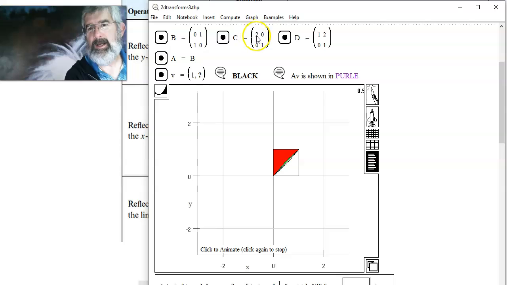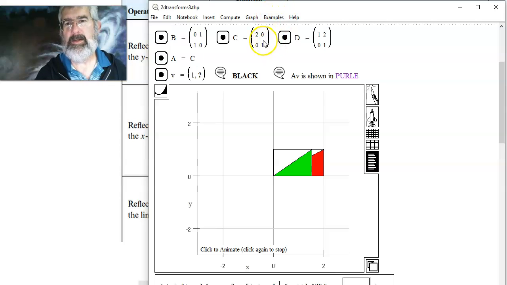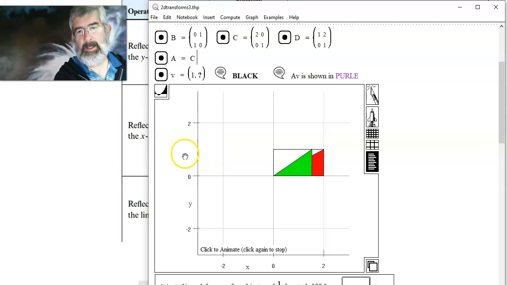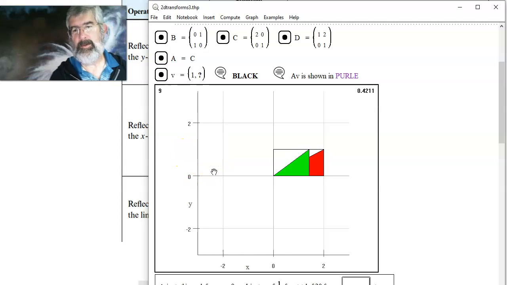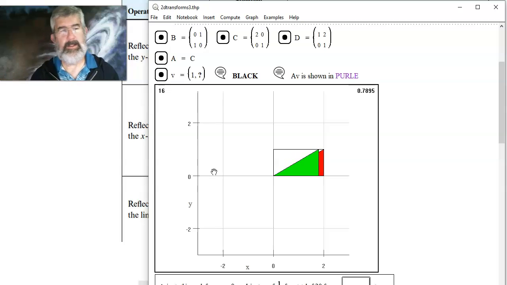How about one like this? How about matrix C? Let's go with C here. C is an expansion by a factor of 2 in the x direction, right? And so when I look at that, the unit square is being pulled out to twice as big in the x direction.